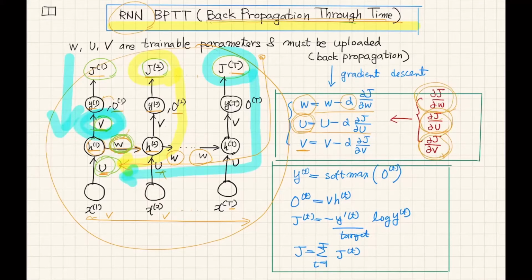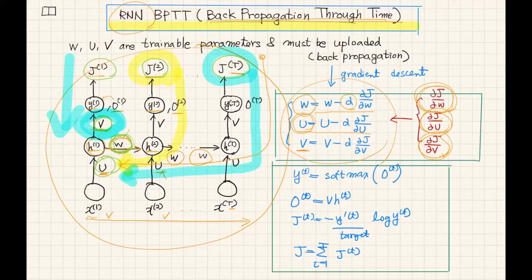By applying multiple data for training, we can keep updating a thousand times or a million times with this gradient descent equation. Eventually, we can optimize W, V, and U. That is called backpropagation.